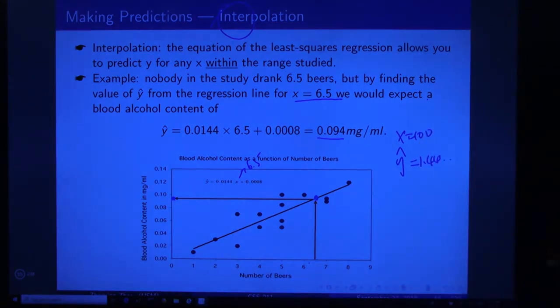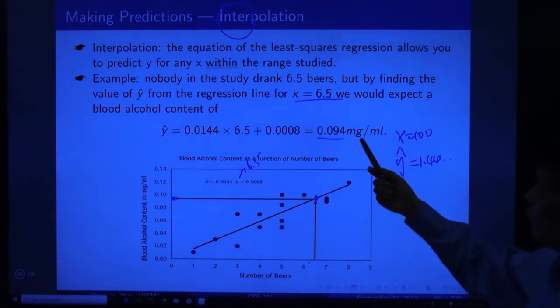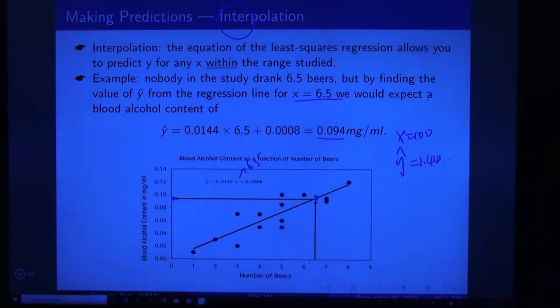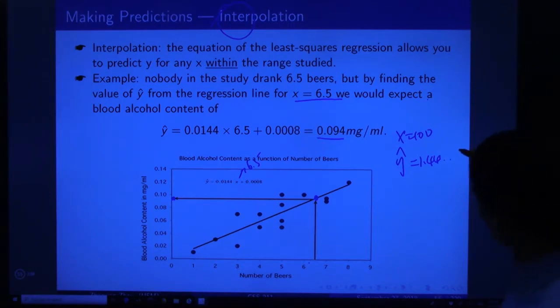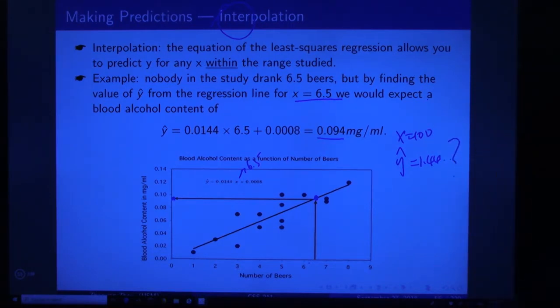And we know this number is ridiculous, because 1.44 milligram per milliliter is too much. So you may ask whether this result is correct. You're right, this result is not reliable.